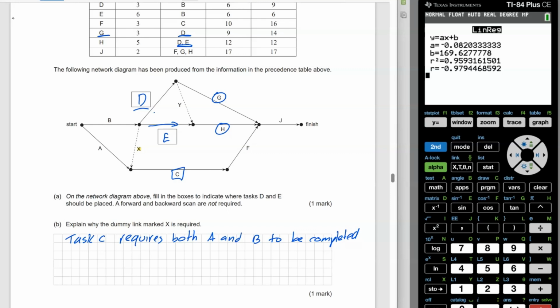Okay, then we're going to switch over here and have a look at what's happening with D and what's happening with E. Tasks D and E only require task B to be complete.